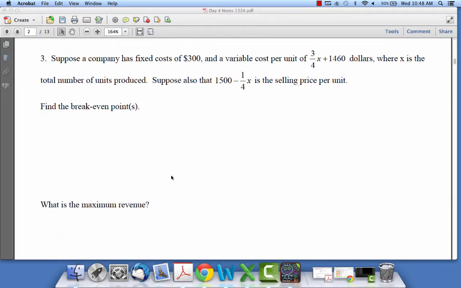Okay, so here's another break-even point. So we have a fixed cost of $300. We have a variable cost per unit of this amount, and we're going to want the break-even points, and we're going to want the maximum revenue. So let me grab this.